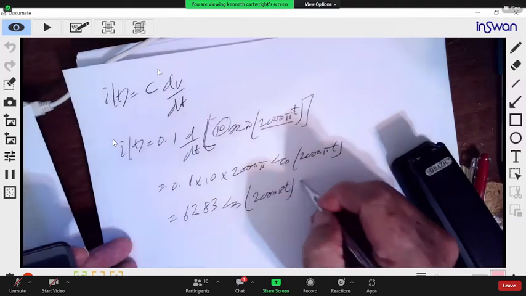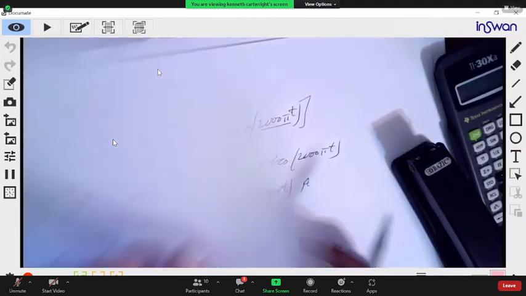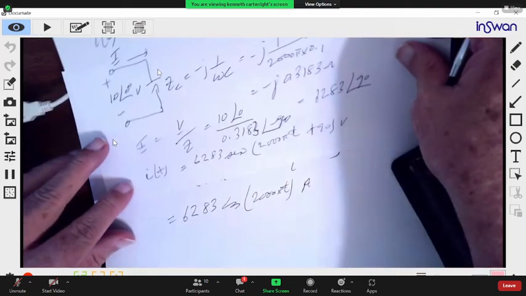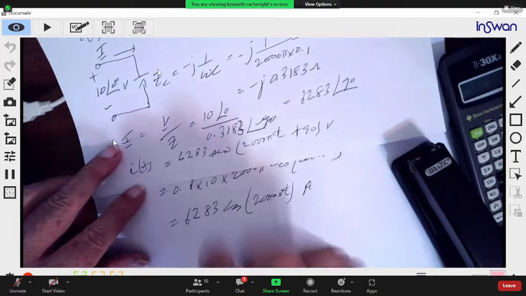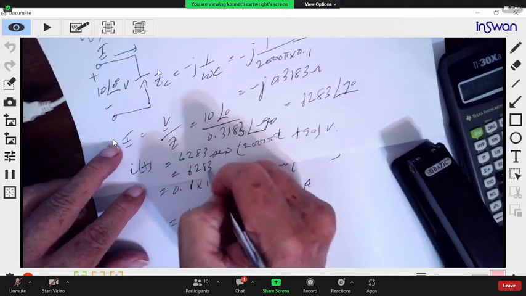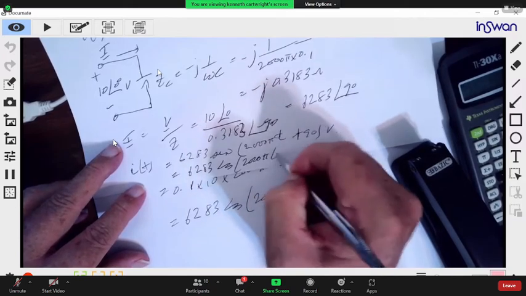Is that the same thing we got before? Yes. Why is it the same thing? Because sine plus 90 is the same thing as cosine. This is the same thing, 6283 cosine 2000 pi t.